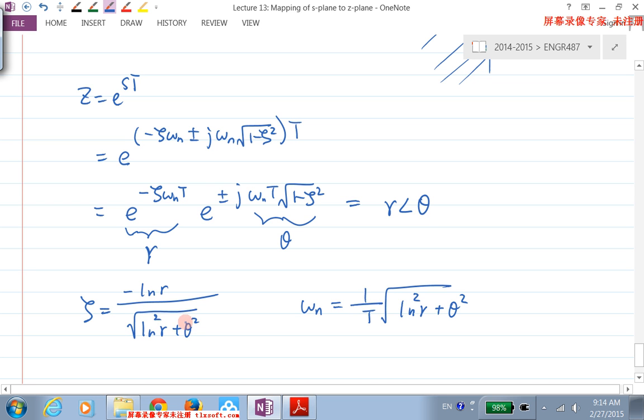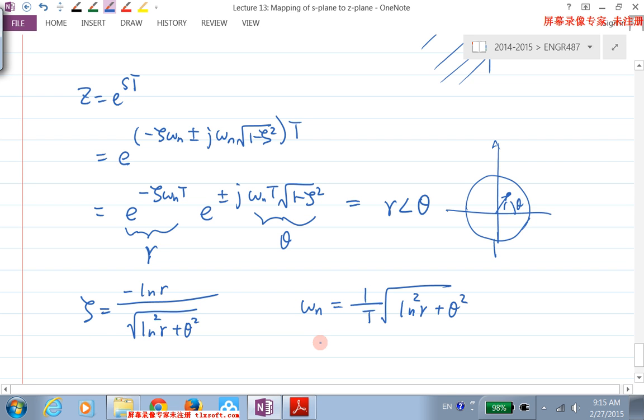So what's so good about this relationship? This is all we're interested in. Here's a z-plane, maybe this is a unit circle, and this is the location of my pole in the z-plane. It has an r and a theta. You are interested in what the corresponding damping ratio and natural frequency would be in the s-plane.